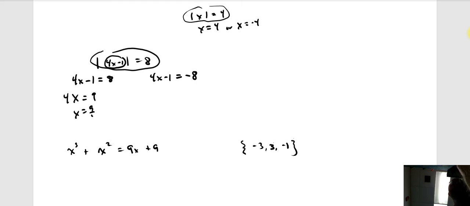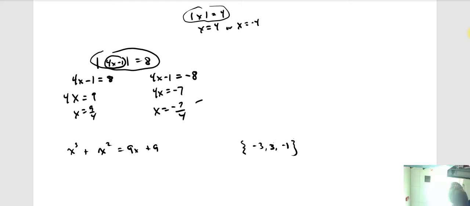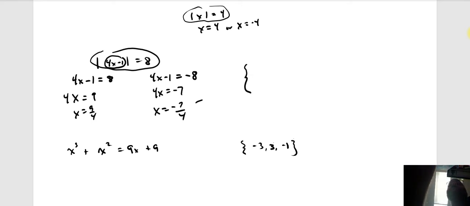X equals 9 over 4. Second one, 4x is equal to negative 7, if we take negative 8 and we add 1, and therefore x could be negative 7 over 4. And this is done. And then in set notation, like your homework likes, it's the set containing negative 7 fourths and 9 fourths, and order doesn't matter in set notation.